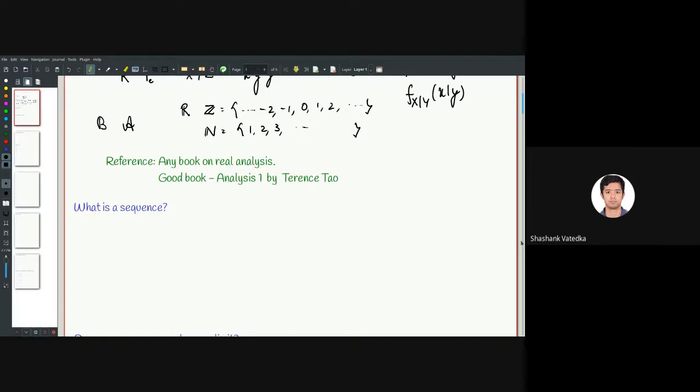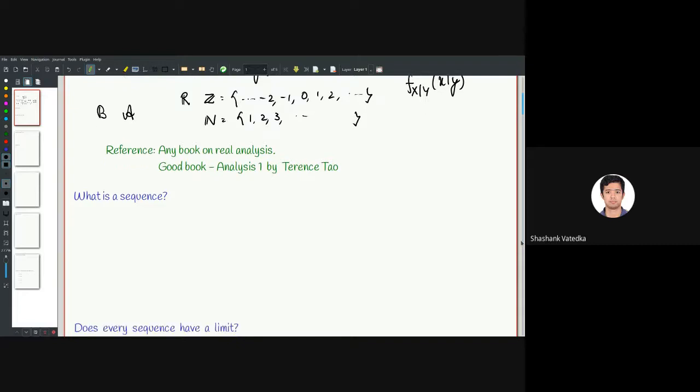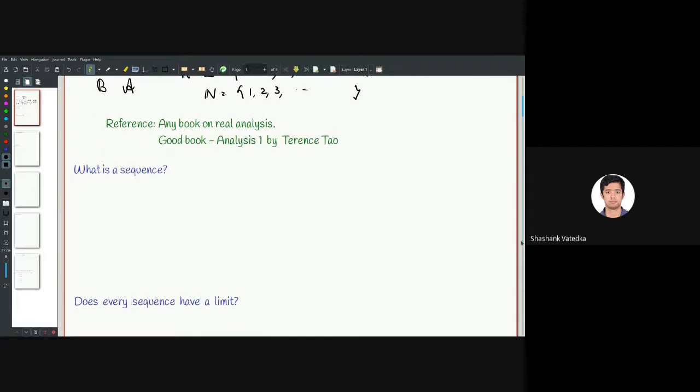One good book is Analysis 1 by Terence Tao. It's a good place to start. Terence Tao has two books, Analysis 1 and 2, and 2 covers more advanced topics. But of course, this is more of a crash course more than anything else. We will not go into too much detail.